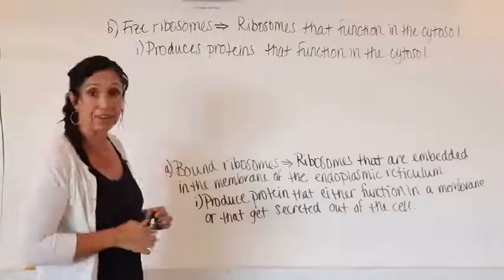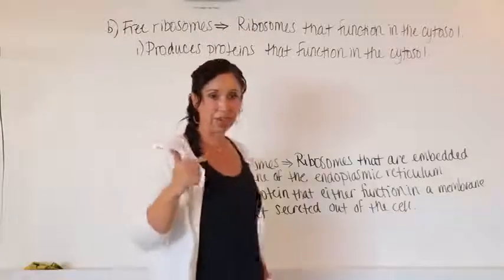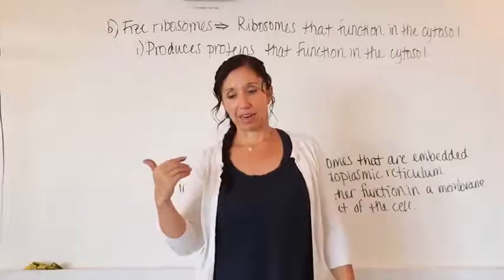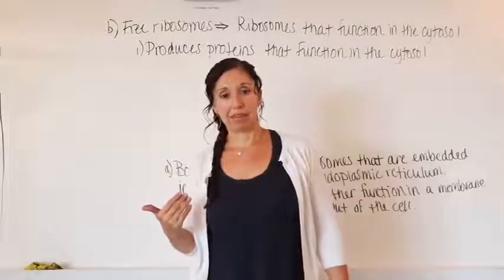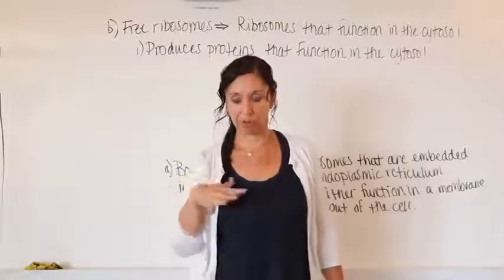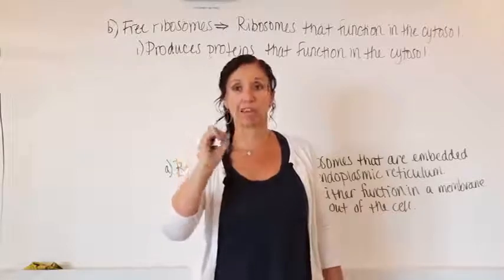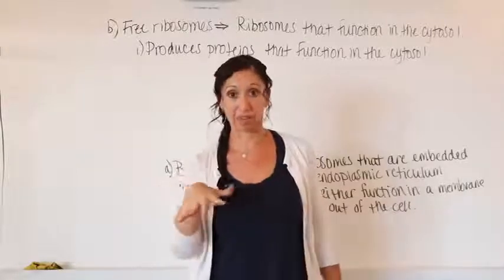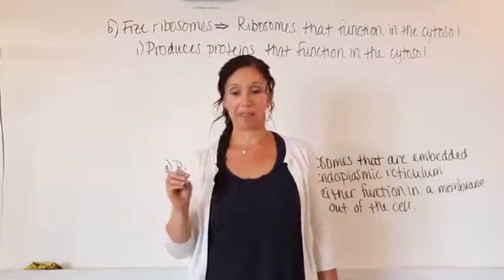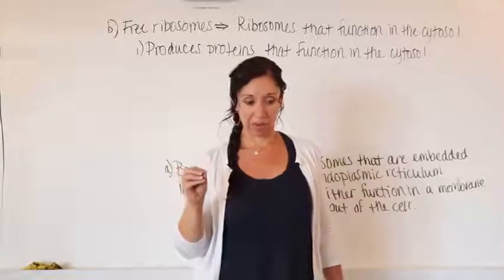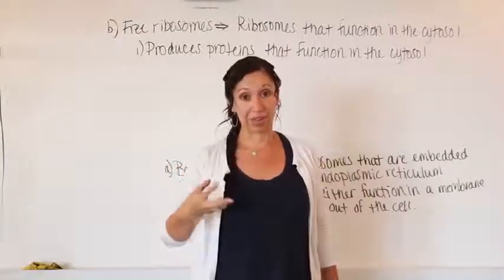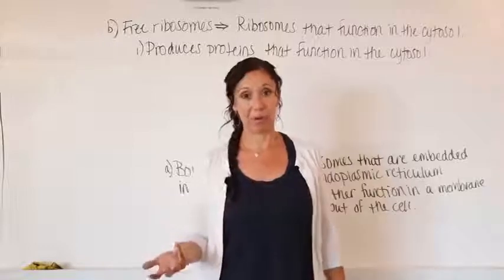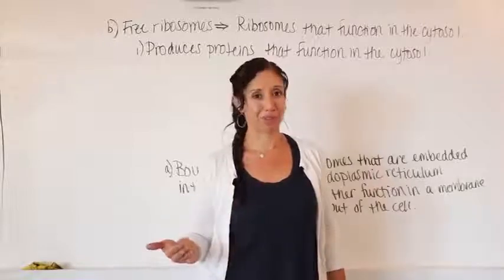They will go wherever they need to go because they will actually read the message that has been given to them from the DNA saying, I need to make more cytosolic proteins that function in the cytosol. Then that ribosome is going to stay in the cytosol or put itself into the cytosol to make that protein. So it knows how to read instructions really, really well.